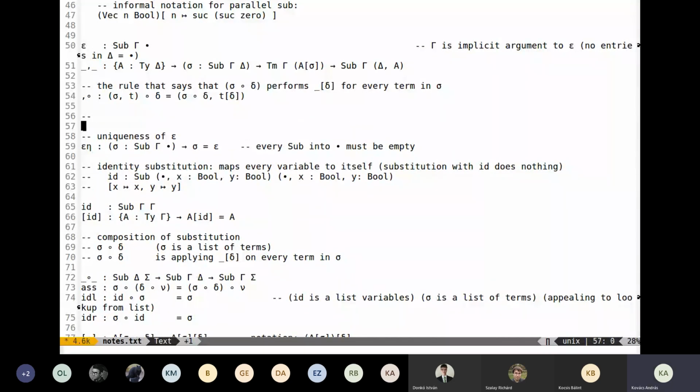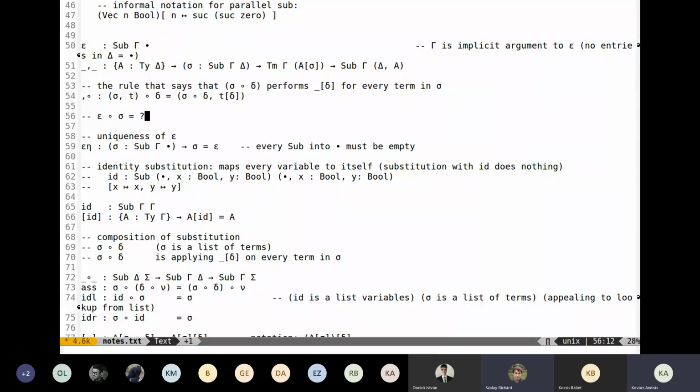And there is also a rule which says what happens if we want to compose epsilon with something. So what happens if I want to do a composition on the empty substitution? Anyone has any idea? But it actually should be sigma.